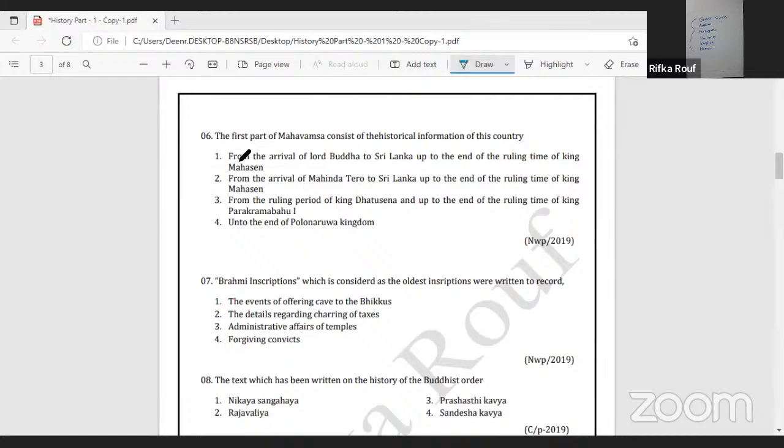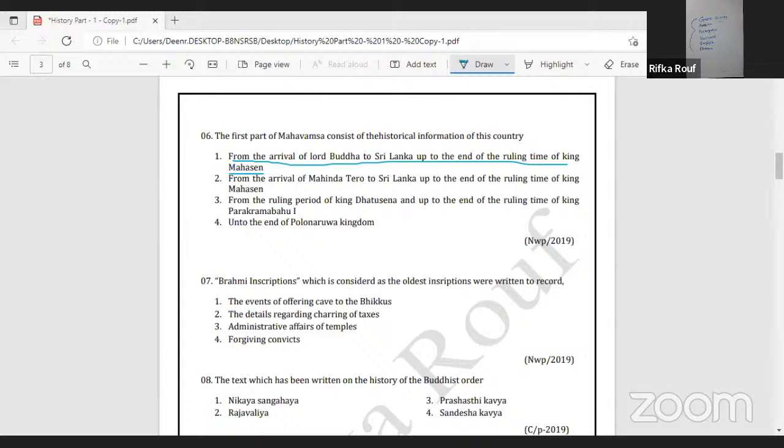So the first one is going to be the answer. Yes, Mahavamsa was written by Mahanamatero.